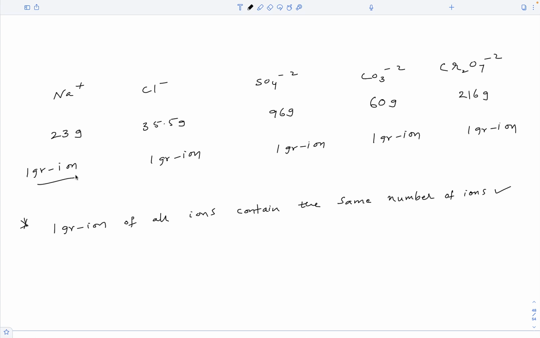Remember, gram ion is nothing but ionic weight in grams. So 1 gram ion of sulfate ions is 96 grams of sulfate ions. 1 gram ion of dichromate ions is 216 grams of dichromate ions.